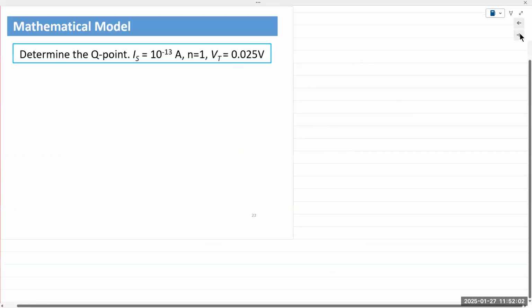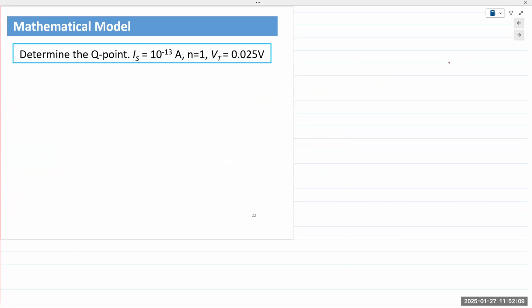Okay. Next method, mathematical model. Determine the Q point, same diode, same circuit. But now we are given IS is 10⁻¹³ amps, N is 1, and thermal voltage is given as 0.025 volts.